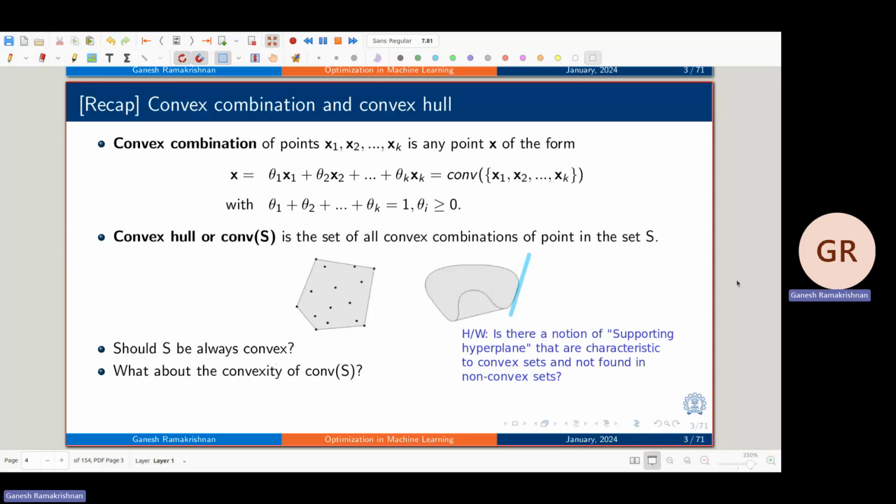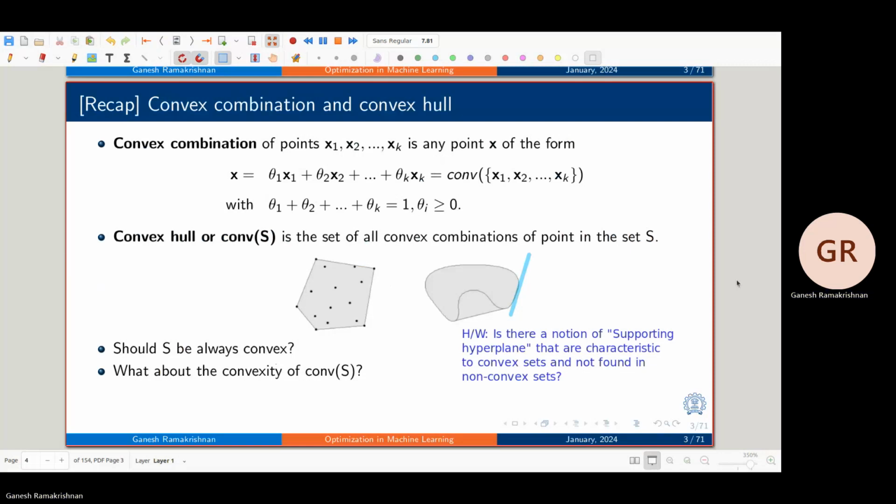But as is possibly visible in this example, if my set is like this, and if I pick a point here, I can't come up with a supporting hyperplane.